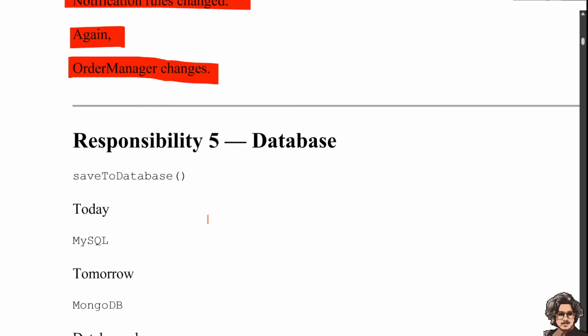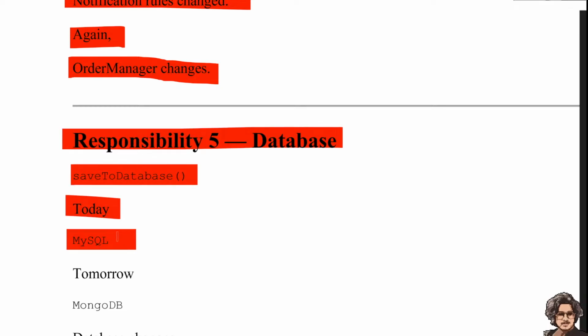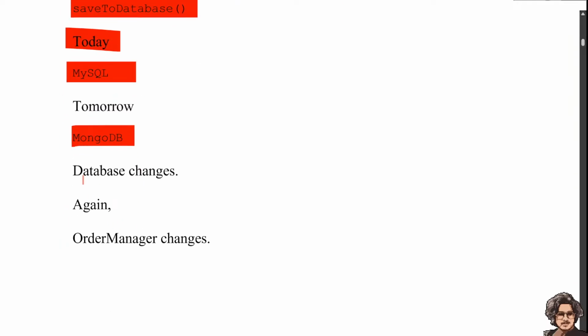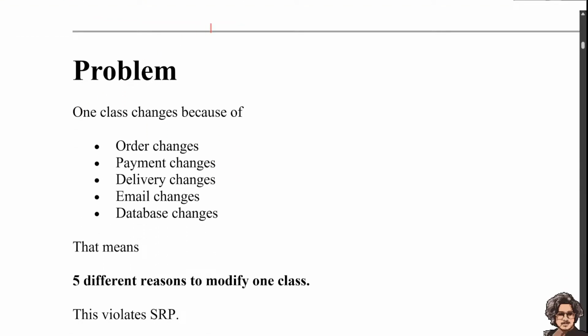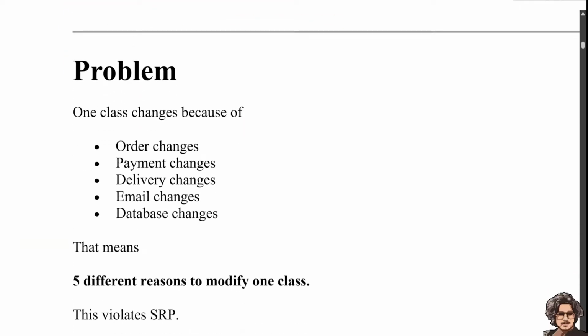Again, the fifth responsibility we have is save to database. Today we are using MySQL. Tomorrow we shift to MongoDB. Again the database changes, so the order manager has to change. Okay, we understand the different methods and different tasks they are doing, but the problem is that one class changes because of order changes, payment changes, delivery changes, email changes, and database changes.